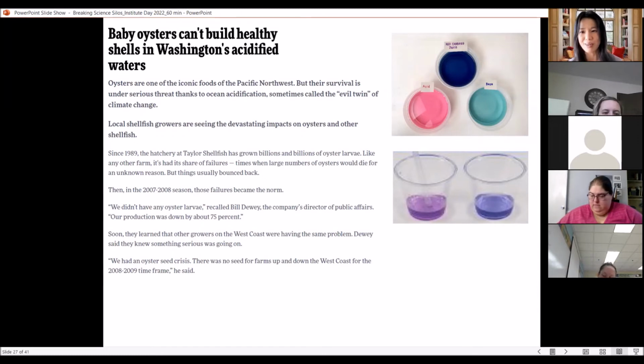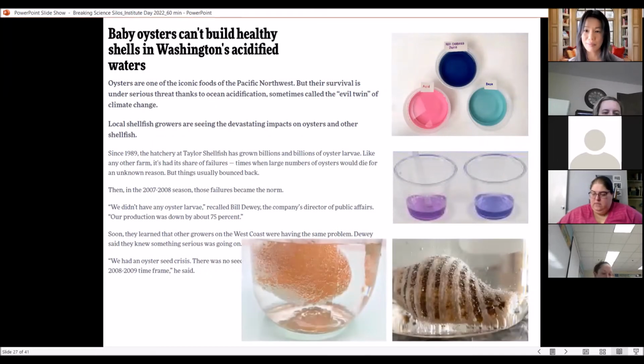It's not going to get as bright red as if you added straight up vinegar to it, but it will shift towards that side, right? So you can have a discussion about, okay, just like with the vinegar, the carbon dioxide we're breathing out is causing a shift towards the more acidic end of the pH scale. So that's just part one, the idea that carbon dioxide is acidic, right? Or will produce an acidic solution. The second piece, so how does this have to do with oysters? You're welcome to do the classic, what they call the rubber egg experiment.